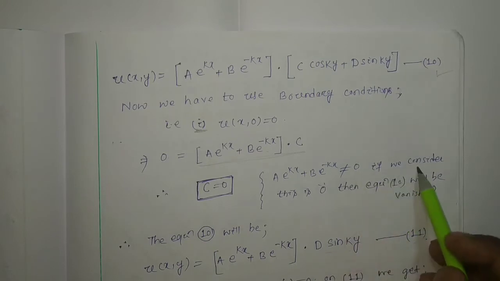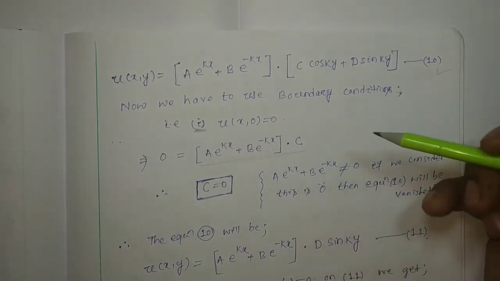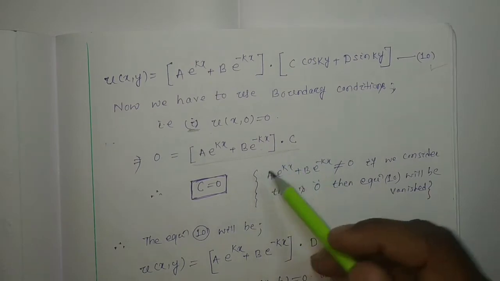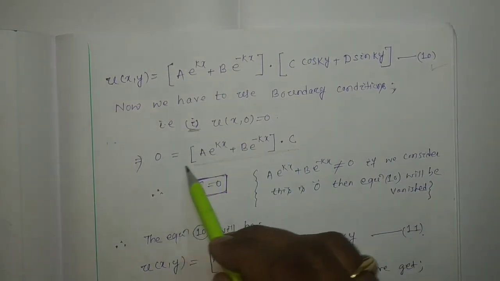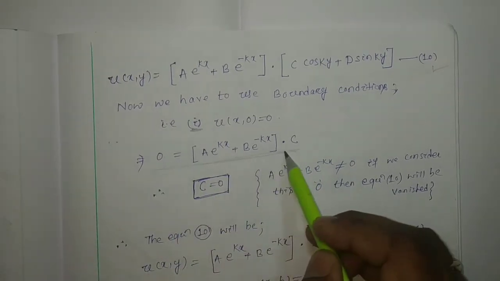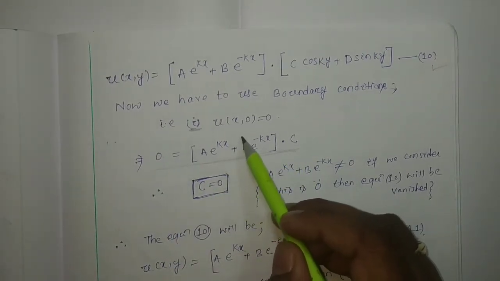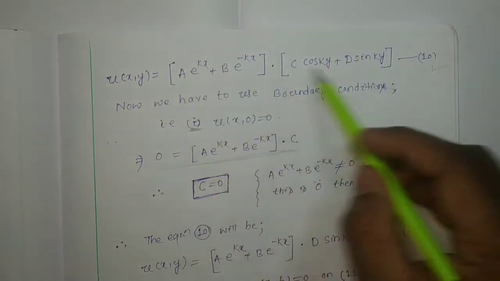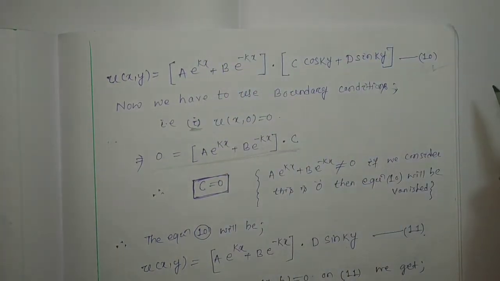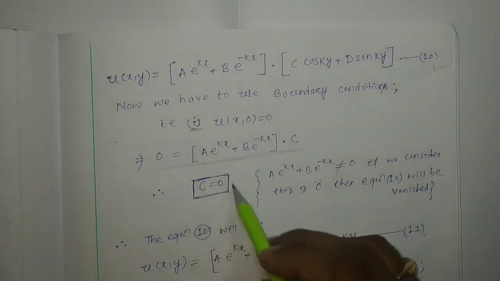Otherwise, in this way also you can understand: if we consider this to be equal to 0 to satisfy this equation, then if we put 0 here, the entire solution is going to vanish, right? So hence C will be equal to 0.